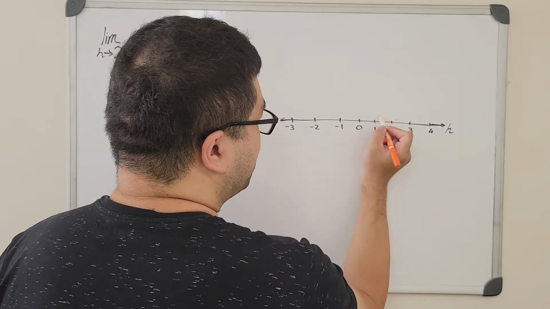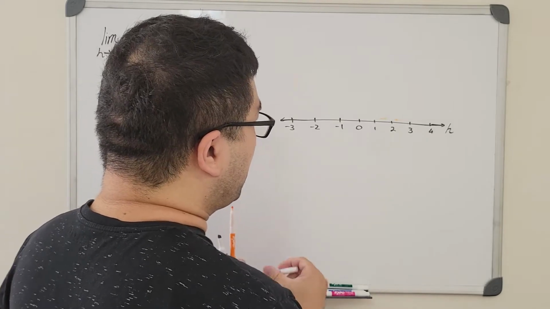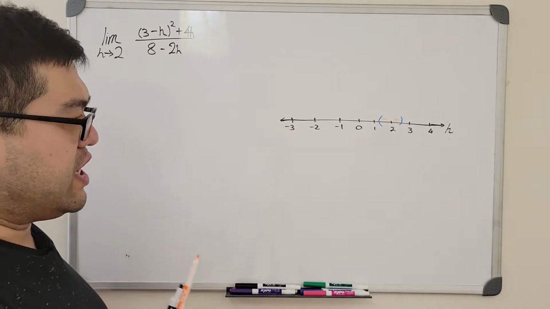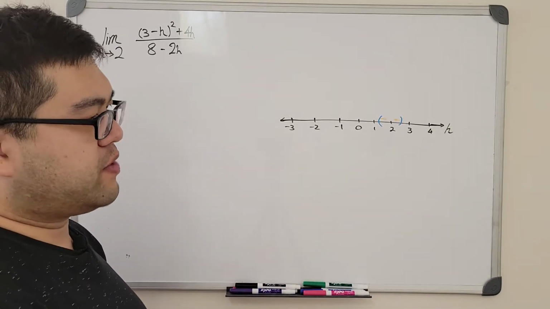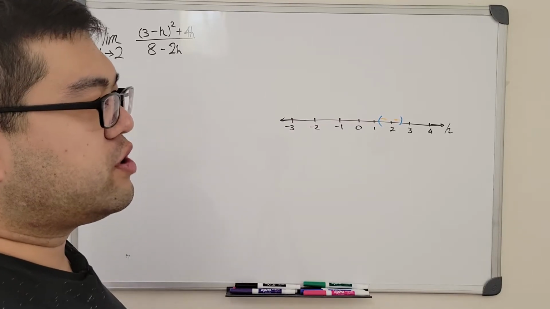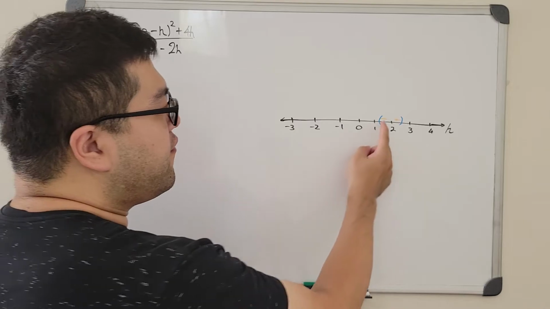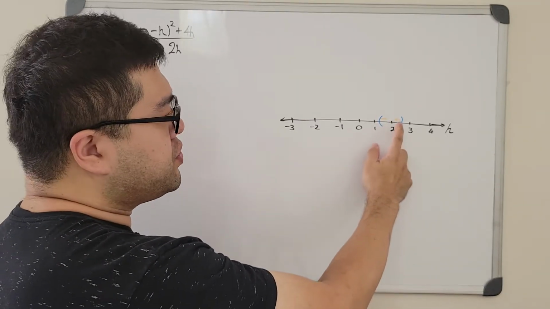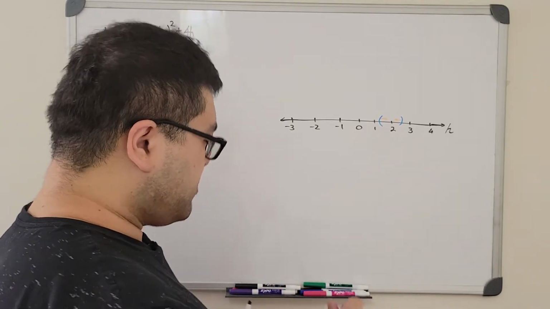In other words, we're trying to find some value in what we call the neighborhood of 2. The word neighborhood just means some small interval including 2, where you can assume 2 is the center of it.